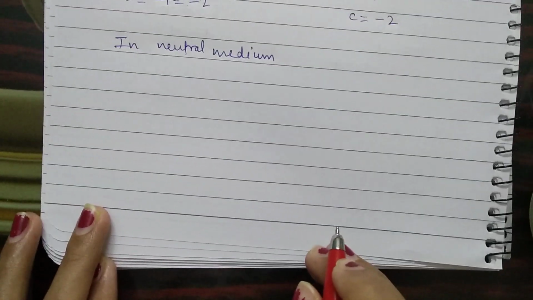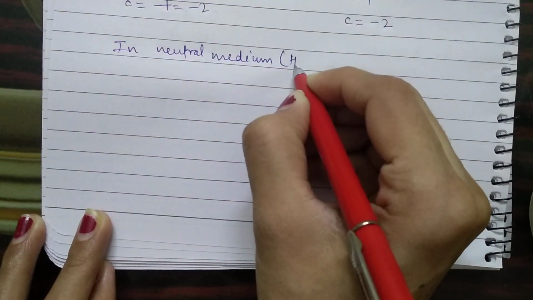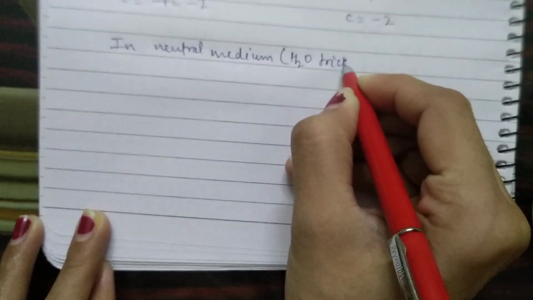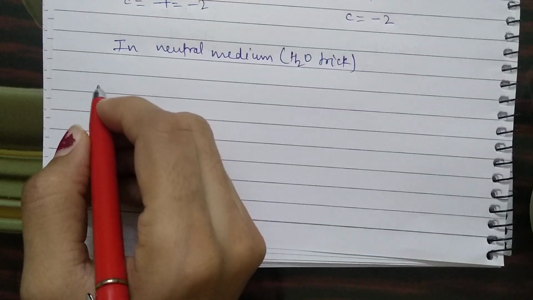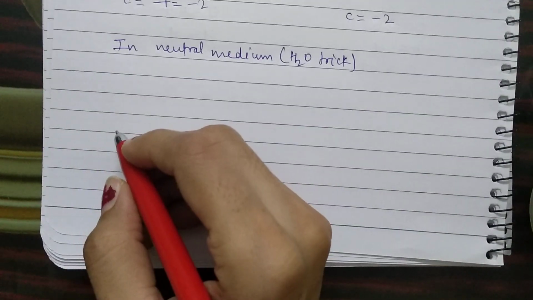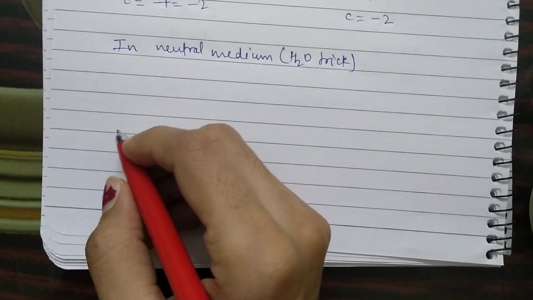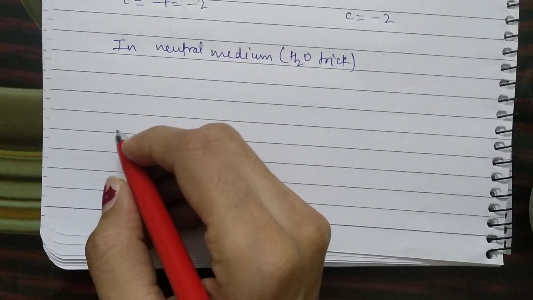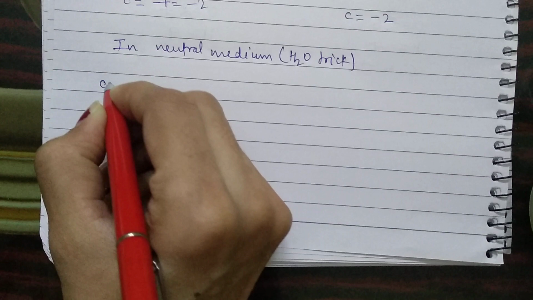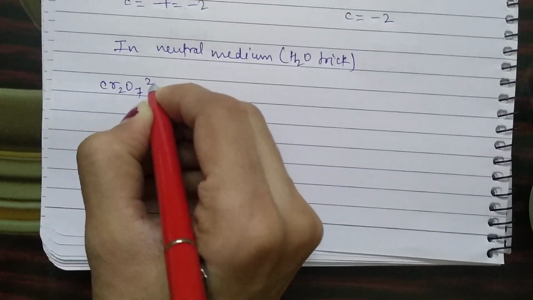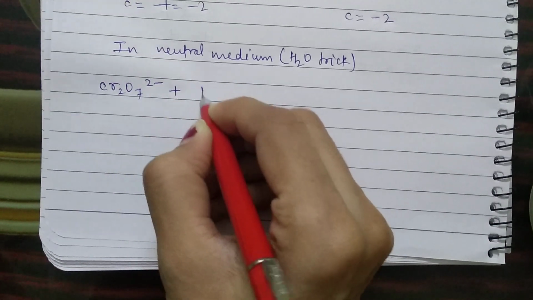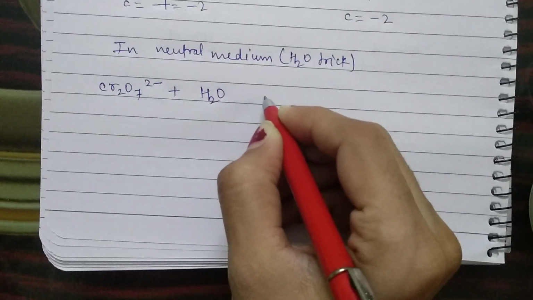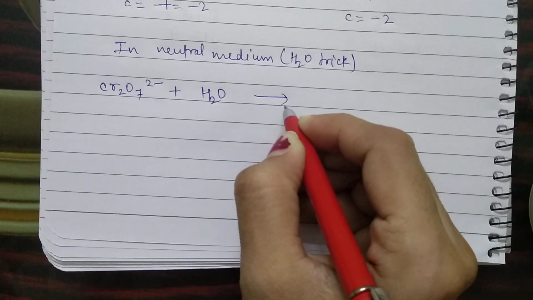We'll balance this equation using the water trick. I've written water here, since we have to add water on the reactant side, as the reaction is taking place in neutral medium, that is water. First of all we'll write the dichromate ion, and then we'll add a water molecule to the reactant side.